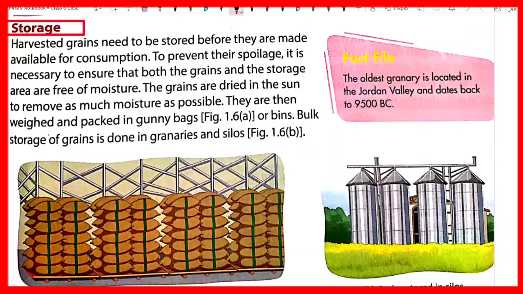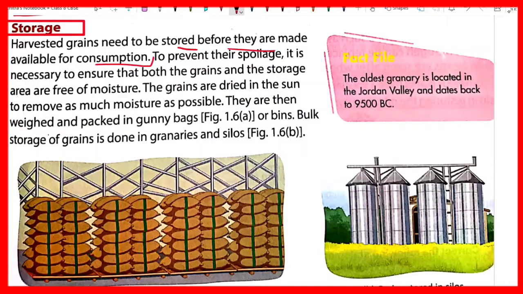Okay, so harvested grains need to be stored at a safe place so that they do not get spoiled by moisture or by insects or pests. That's why storage of food grain is very important. Harvested grains need to be stored before they are made available for consumption.